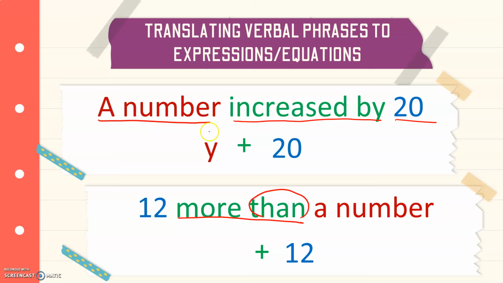Then we will write 12 last, then a number first. That's why we have to switch the position of our given numbers. So we wrote first the variable c, then we added 12 to it. Although we have the commutative property for addition, we are translating these words into symbols correctly, so we have to follow the correct order.